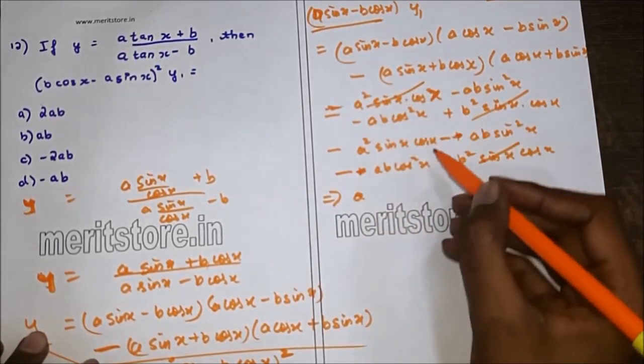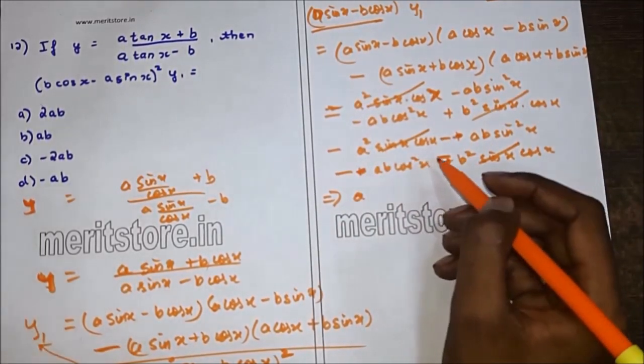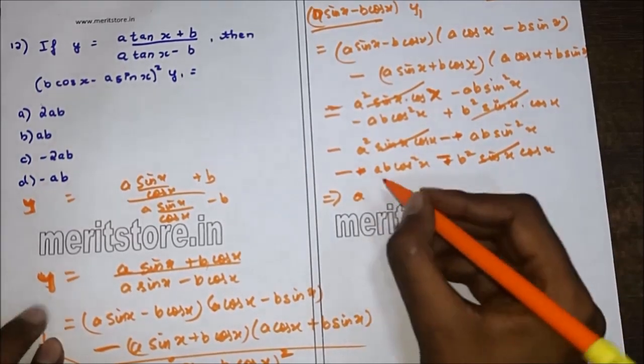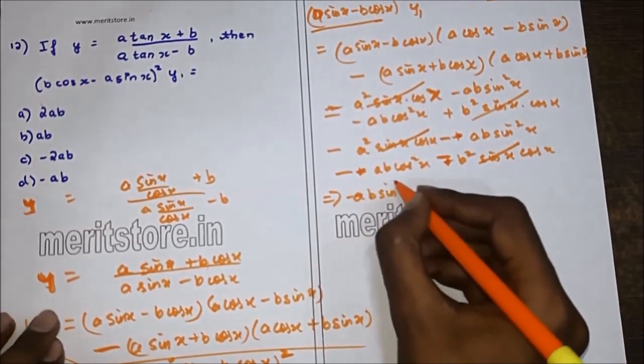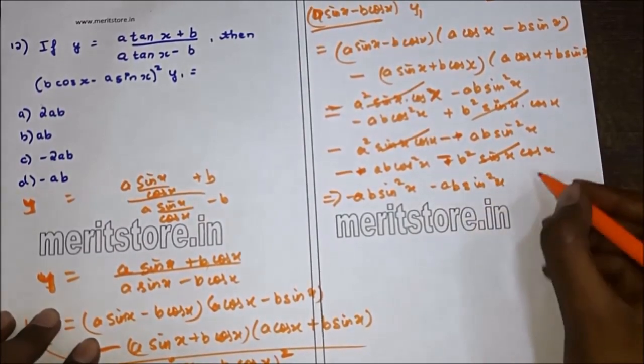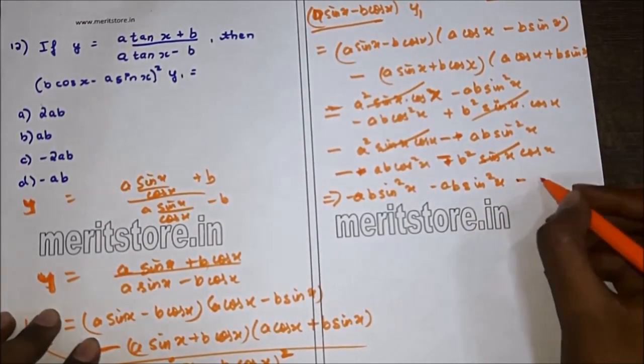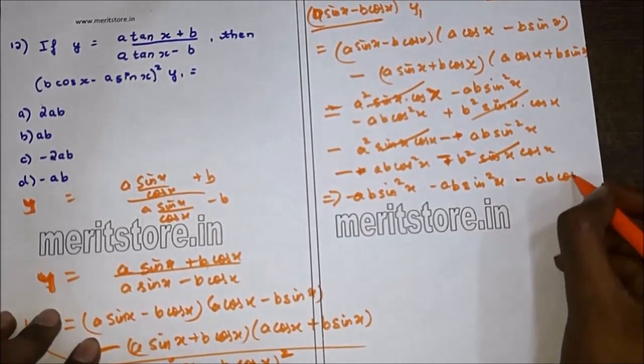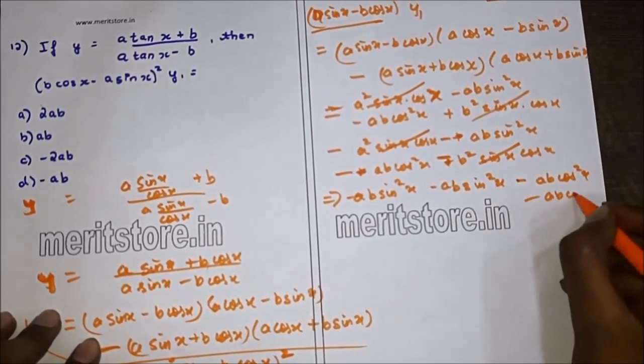Similarly, a square sin x cos x and minus a square sin x cos x is cancelled. We are left with minus ab sin square x minus ab sin square x minus ab cos square x minus ab cos square x.